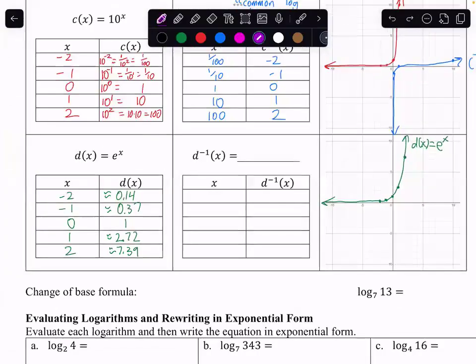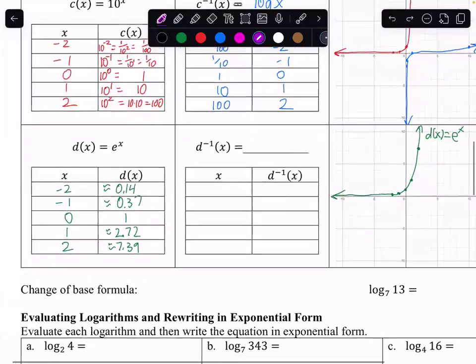Now we're going to do the inverse of that function. As we saw above, to get the inverse, you just switch the x and y columns.